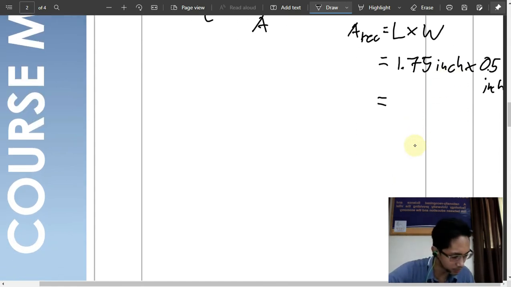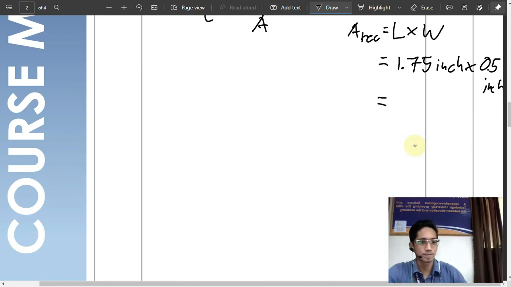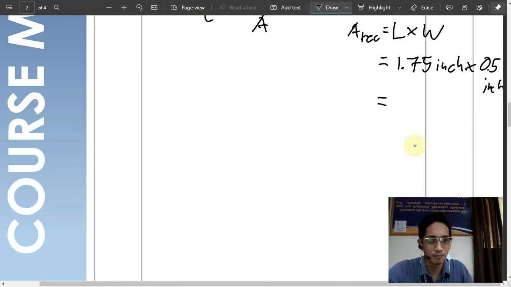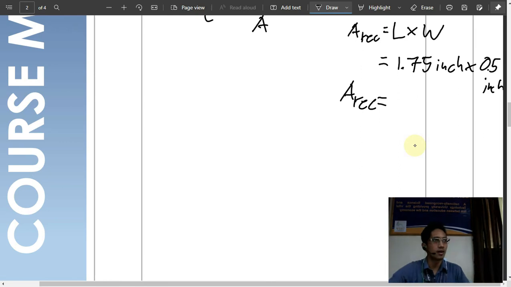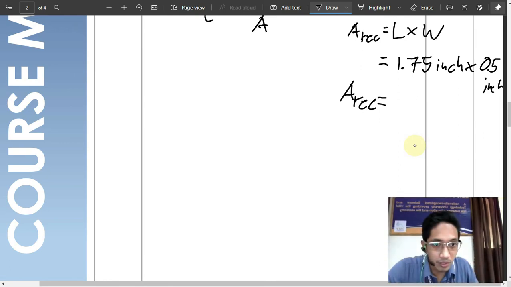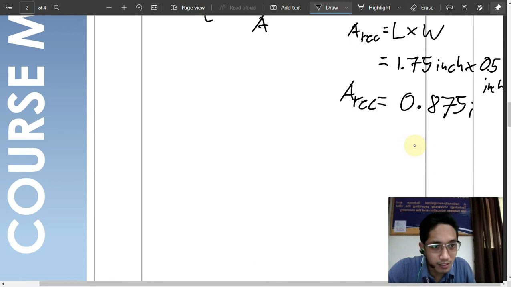If you have a calculator, please compute it first. So the area of the rectangle is 0.875 inch squared. Inch times inch is inch squared.